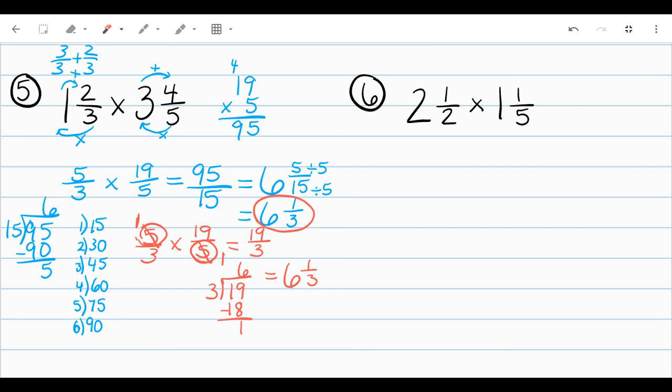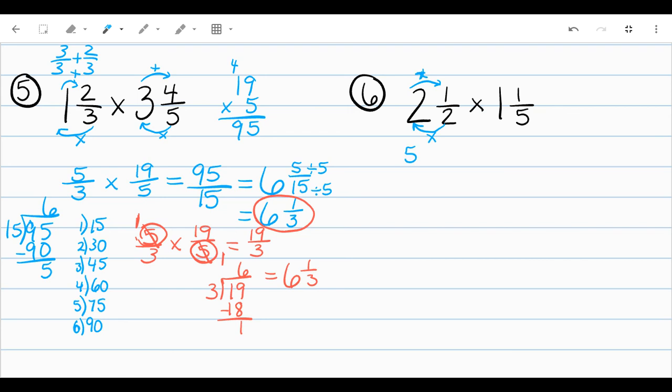All right, and let's look at one more. So if we have 2 and 1/2 times 1 and 1/5, let's make these mixed numbers improper fractions first. So 2 times 2 is 4, and 4 plus 1 is 5.